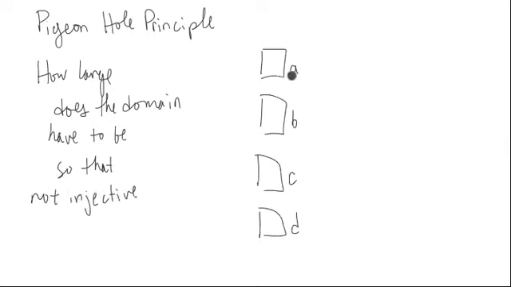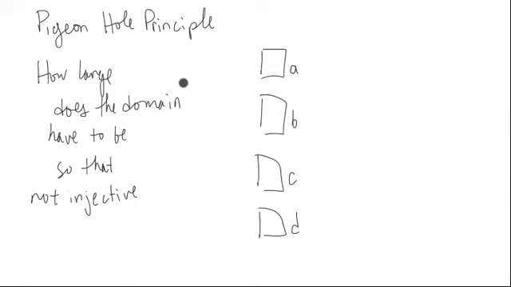Injective means that you have no more than one element in a fiber box. You could have 0 elements in a fiber box or 1 element, but no more for it to be injective. So to force it to not be injective means that you're forcing more than one thing to be in each box.